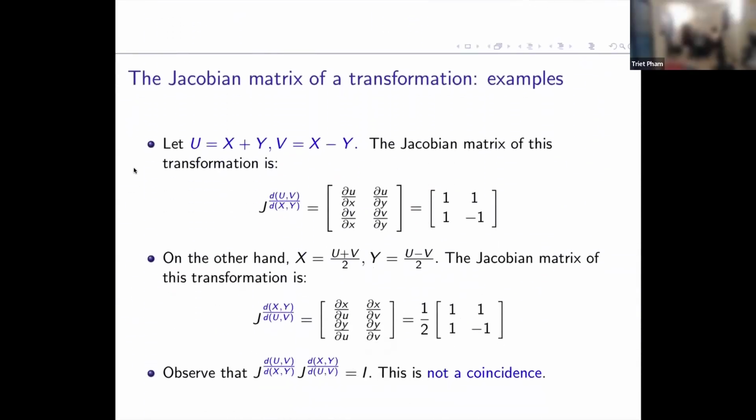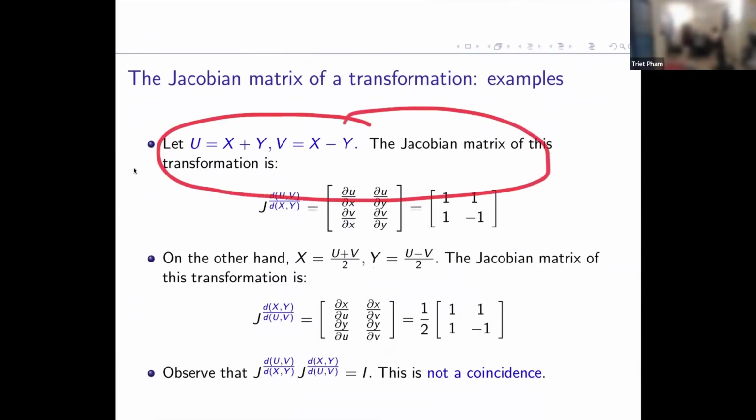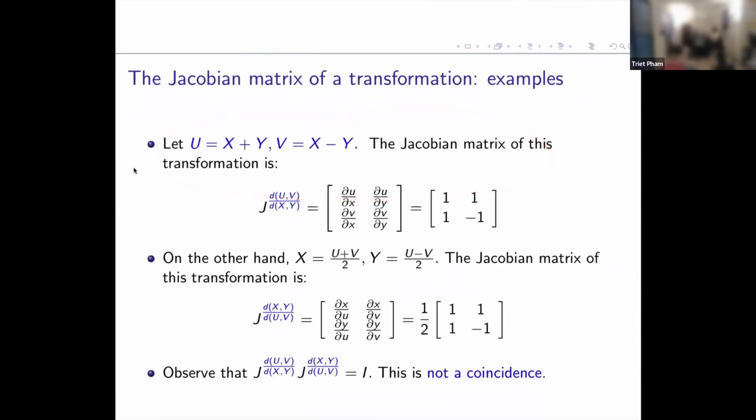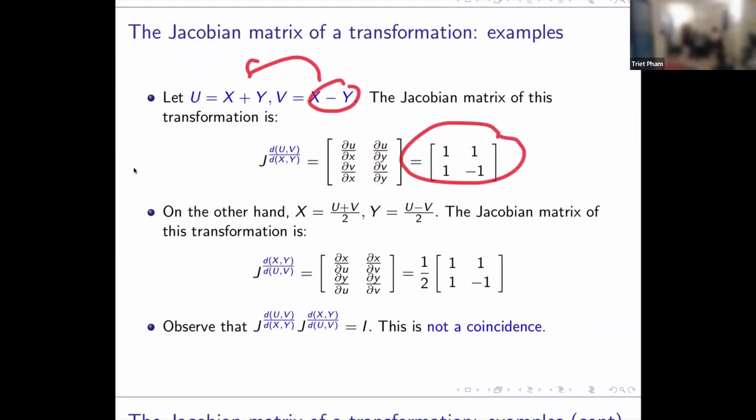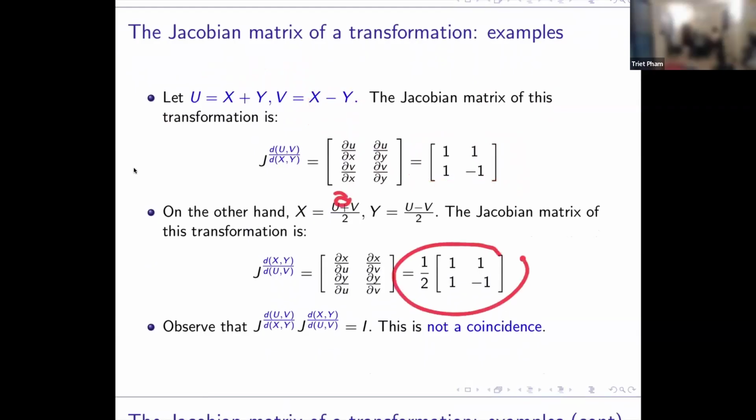All right. So there you go. For this transformation, the Jacobian for the forward movement from xy to uv will be this. The Jacobian for the other way around, from uv to xy, will be this. And notice that the product of these two matrices is an identity matrix, which is not a coincidence, because if you map forward and backward, you just get the identity map.